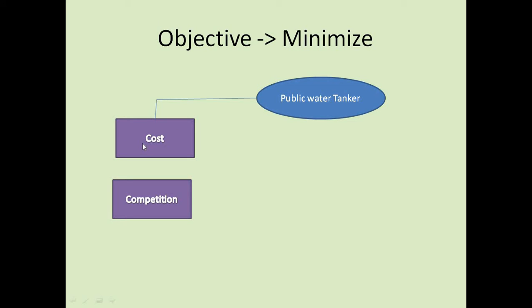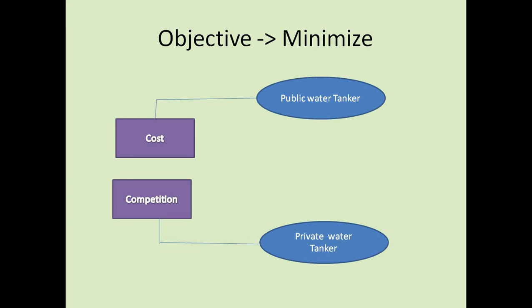So if you want to minimize the cost, you just go for the public water tanker. Whereas when you see competition as your objective, then you go for the private water tanker.